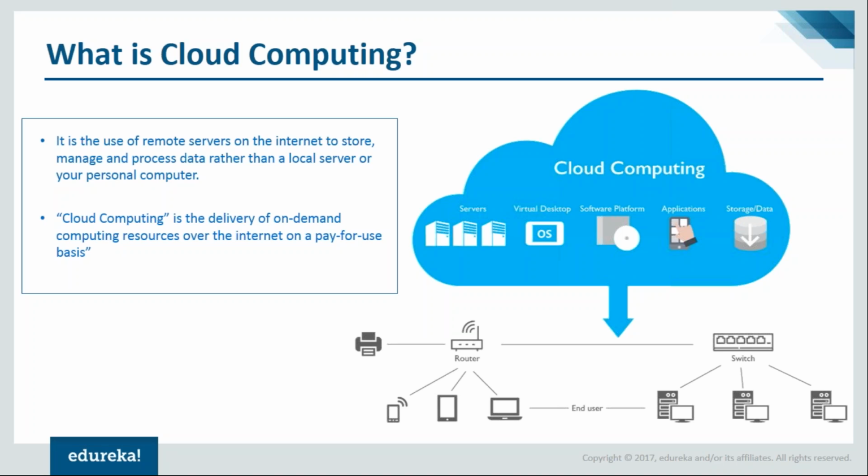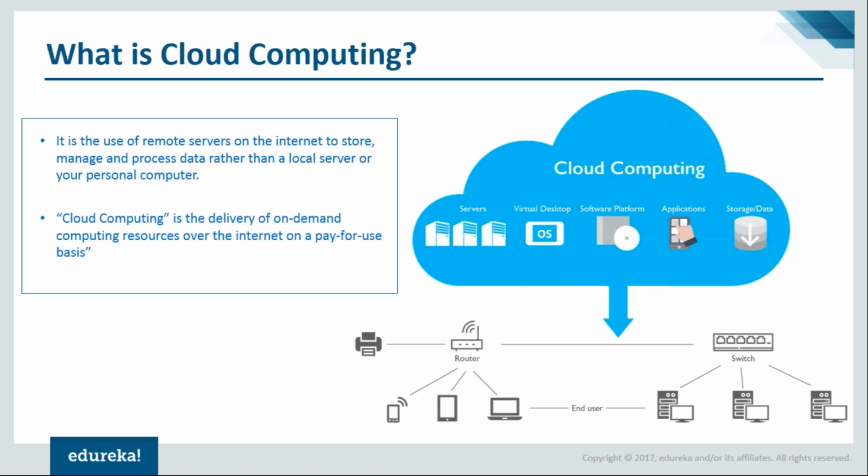It will get processed, and then I can fetch the data back, right? So you use cloud to do three things. You use cloud for either storing data, managing data, or processing data. Any application on the cloud revolves around these three processes only, right? Having said that, this is what cloud computing is all about in a gist.